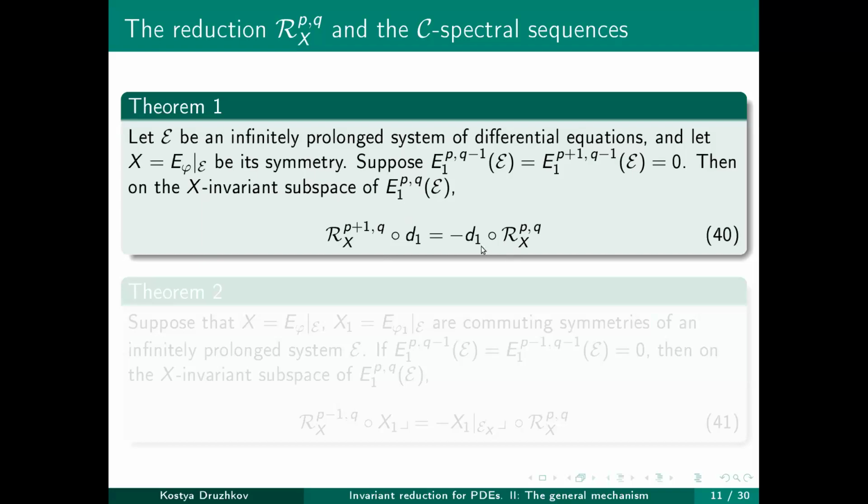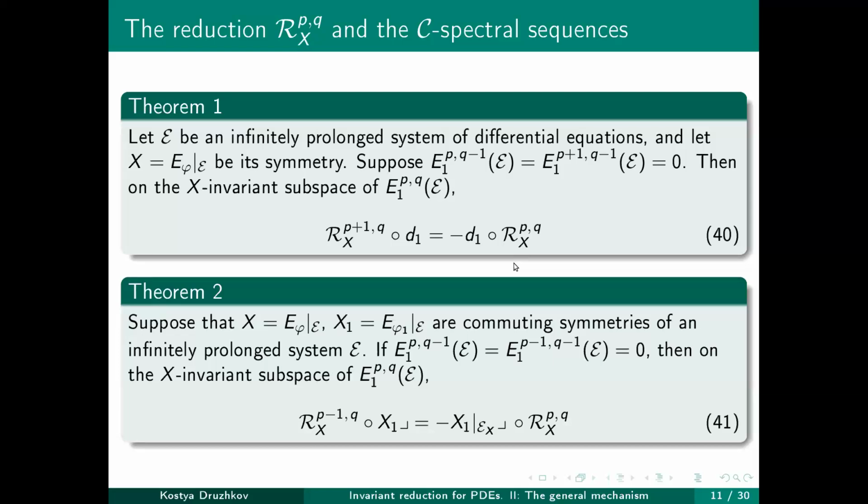So basically we have the relation between D1 on epsilon and D1 on the invariant subsystem in terms of the reduction. And we have this minus, and this minus is important actually. It arises from the analog of a bicomplex. We can consider a variation of a bicomplex here, and the minus arises from it. So they are related, but through this minus.